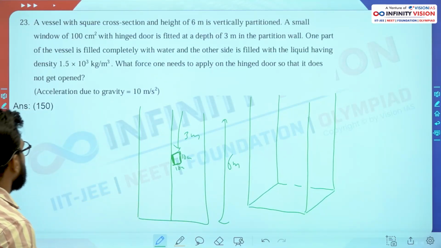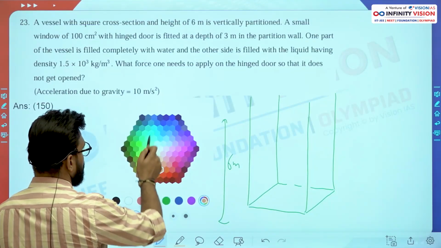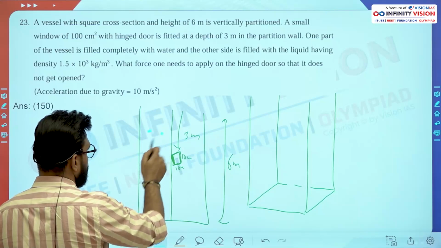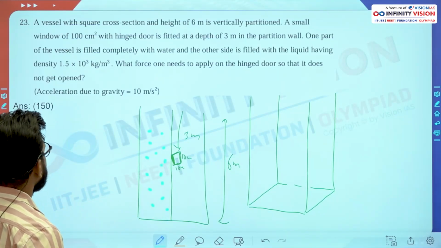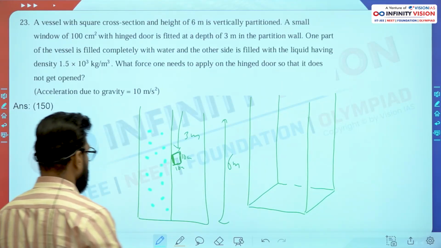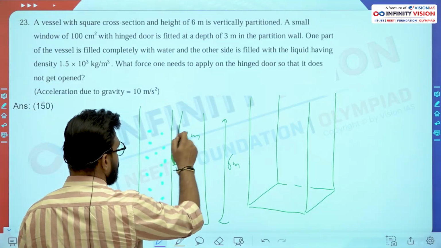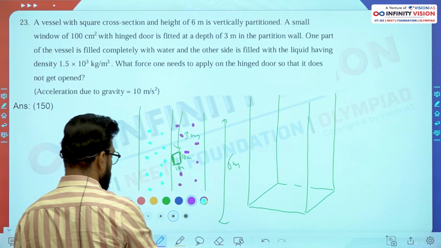One part of the vessel is filled completely with water, and the other part is filled with some other liquid having a density which is already given to you.